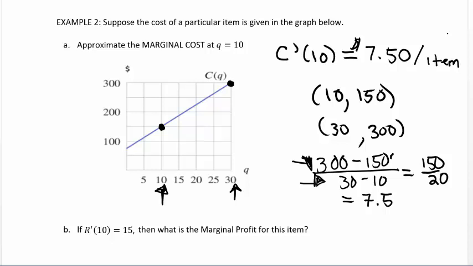So if I know the cost to make 10 items, which was $150, if I wanted to make 11 items, so one more, it would cost me another $7.50, so it would be $157.50. So I can then use that to figure out my cost for any quantity. Here, because I'm not approximating, I have a line, so the slope is going to be the same, I can use the equal sign.